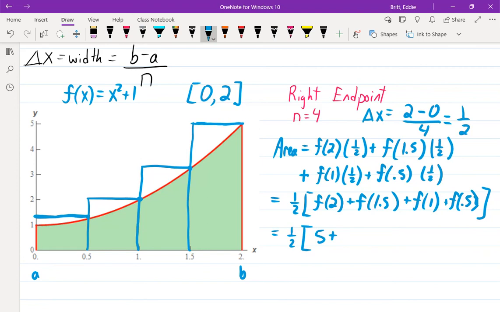All right, so I'm going to say 1.5 squared plus 1, and that's 3.25. I was just plugging it in the function, squaring it, and adding 1, plus f of 1 is going to be 2, plus f of 0.5, so 0.5 squared plus 1, that's 1.25.